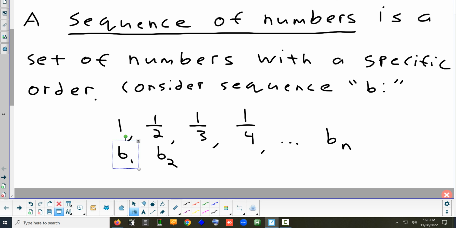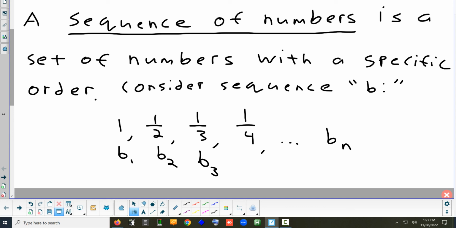B is the letter for the sequence, and the number tells you the position you're at in the sequence. So B sub 2 means look at the sequence that we're calling B, and the 2 means look at the second term. So this one, for example, would be B sub 3, and so on.